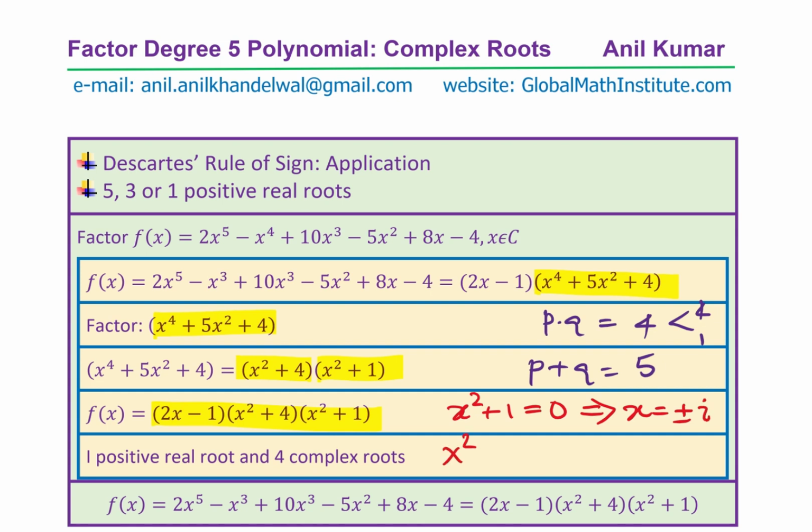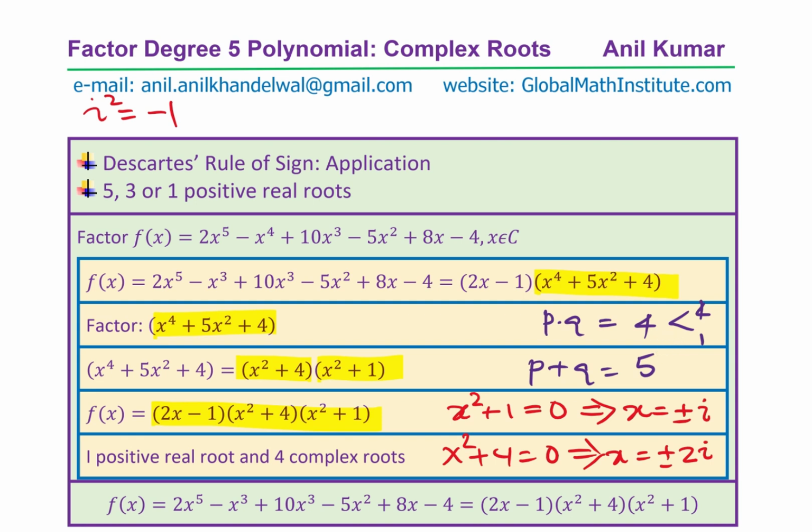And x squared plus 4 equals to 0 implies that x is equals to plus minus 2i, where, as you know, i squared is equal to minus 1. That's the complex number, right? So we do get the other factors. 4 of these factors are actually complex. Only one positive real factor.